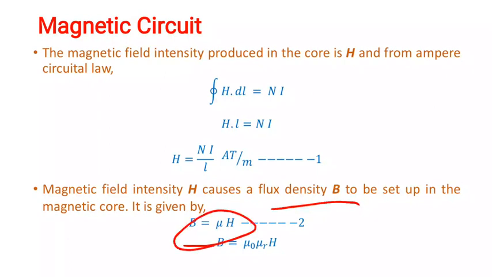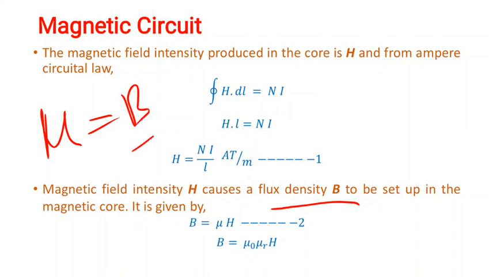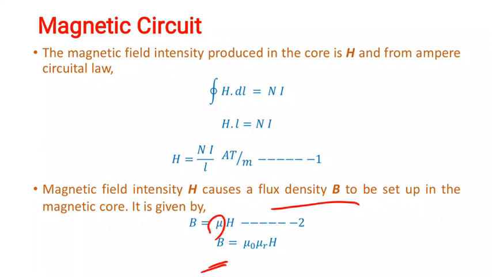B is equal to mu H. Actually permeability mu is equal to B by H, so from that also we can derive that B is equal to mu H. So mu is the permeability of that particular material. Mu will be equal to mu naught into mu r, and H is your magnetic field intensity.